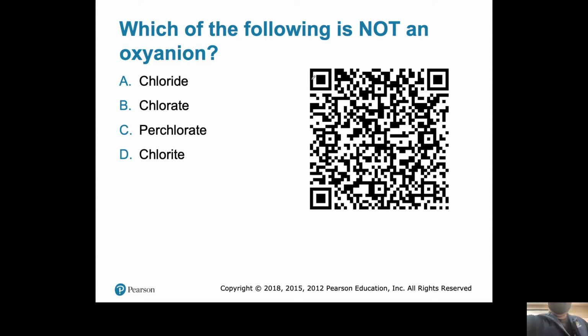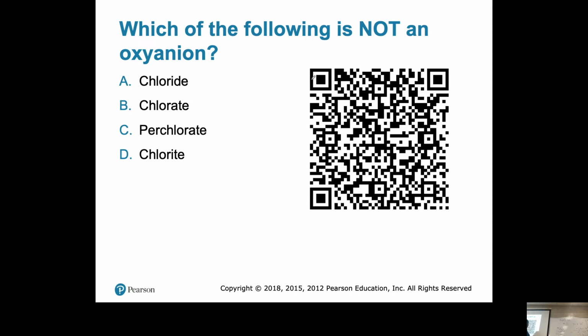The answer is in fact A. I hope most of you answered A, because I put the wrong QR code there. The only one here that's not an oxyanion is chloride, because chloride has no oxygens on it.